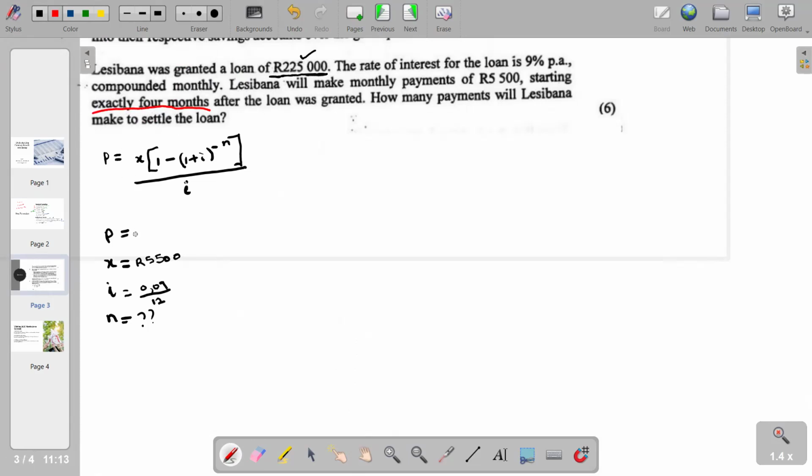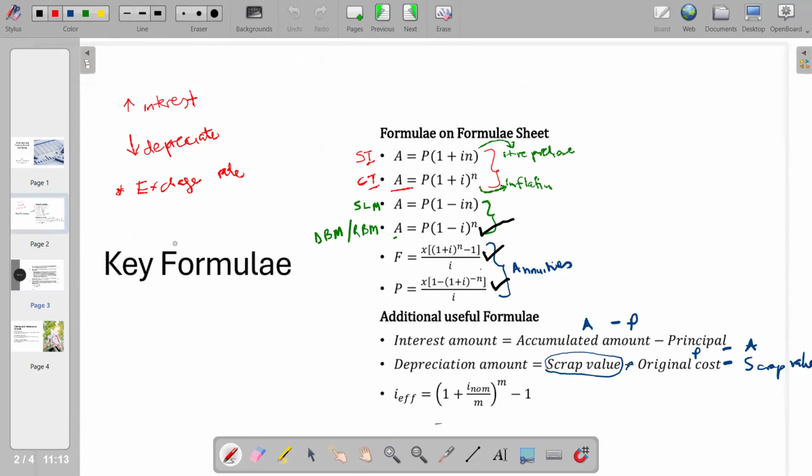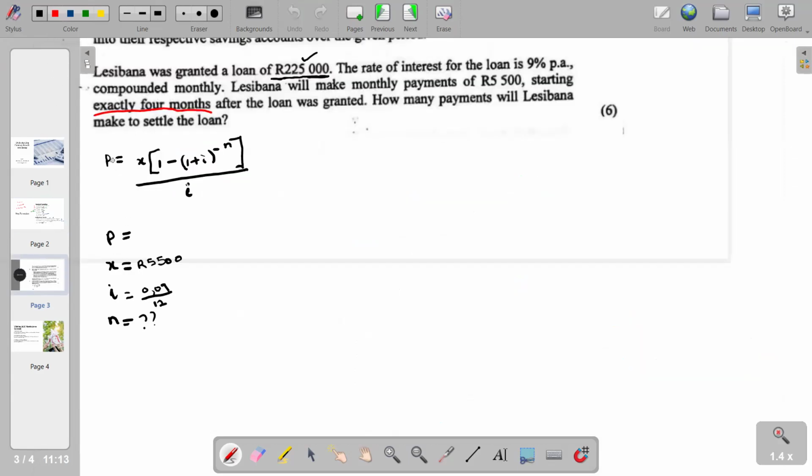So you have to adjust that amount using the formula. The P that we want here is going to be extracted from the formula.